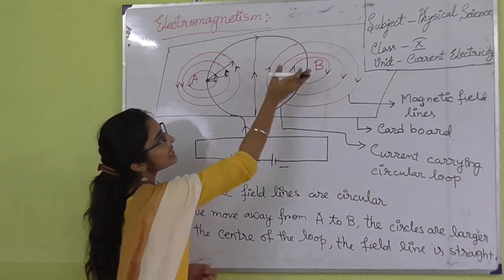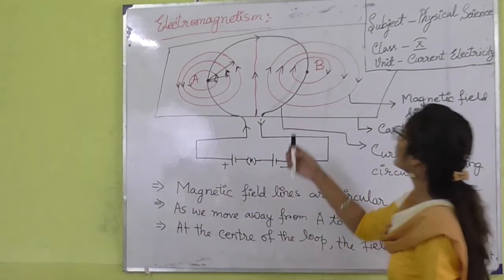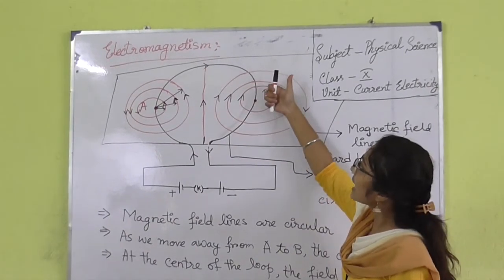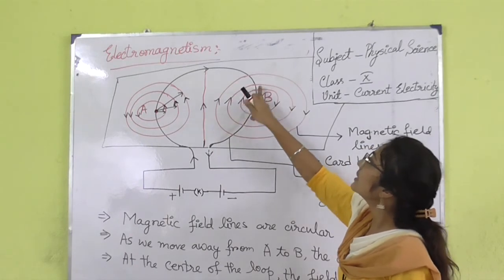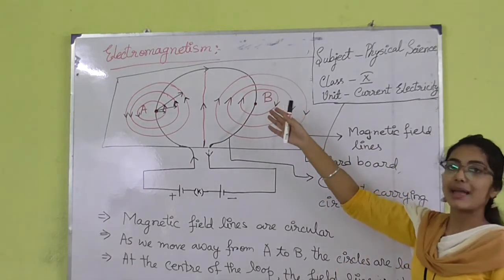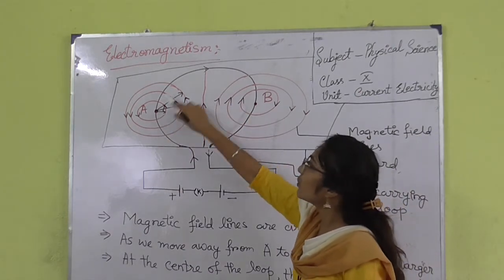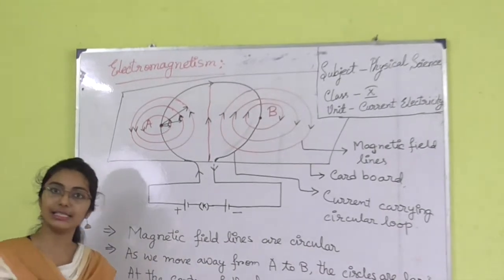This is the application of the right hand grasp rule: if the current conducting wire is like this, then this is the direction of the magnetic field. So, magnetic fields are in the same direction within the loop. This is all about the magnetic field.